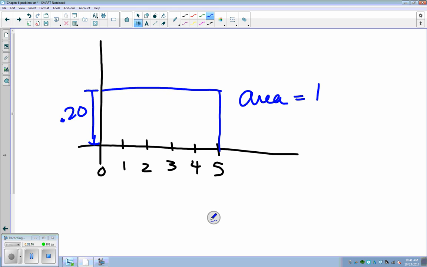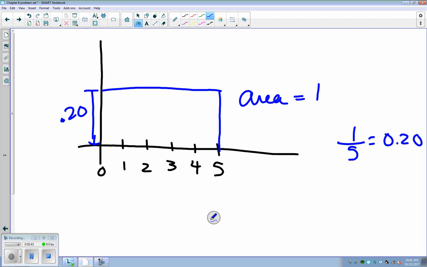Length times width equals the area. Or I could have said 1 divided by 5, and what am I going to get? 0.20. So regardless, this area has to be 1. That's how I know what this height has to be.